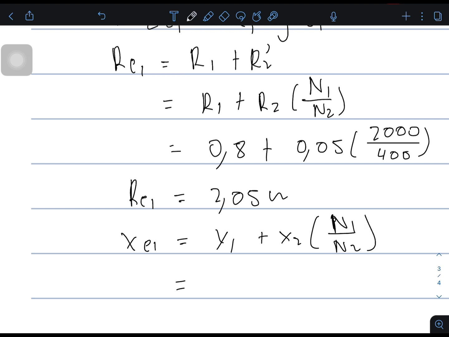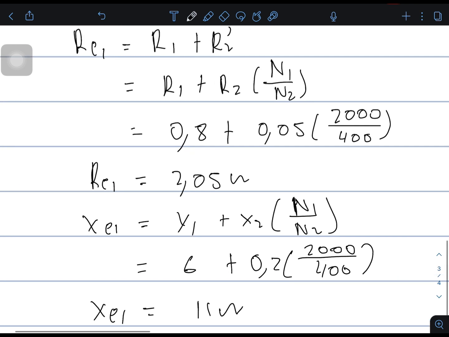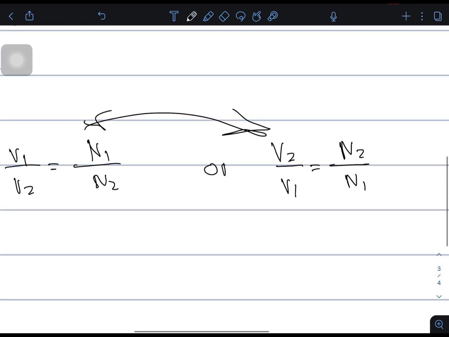X1 was 6 plus 0.2 times 2000 over 400. Then we find XE1, which is 11 ohms.